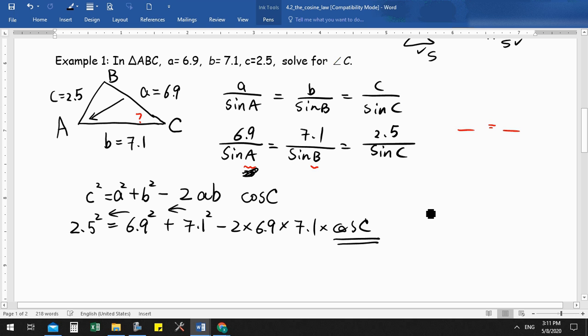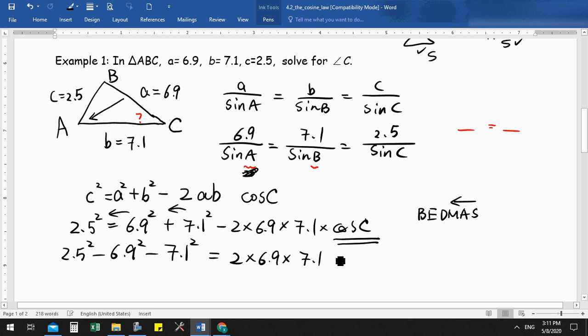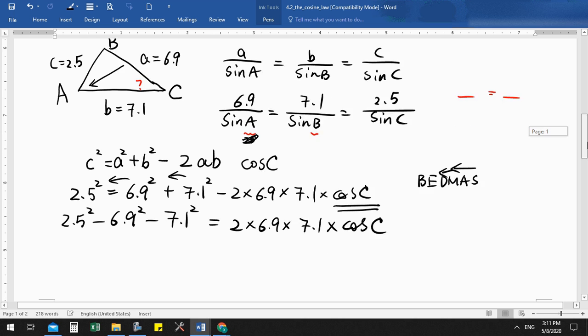For solving the unknown, we do the backward of that math. Adding and subtracting first: 2.5 squared minus 6.9 squared minus 7.1 squared equals 2 times 6.9 times 7.1 times cosine angle C. Then we do the division and multiplication.